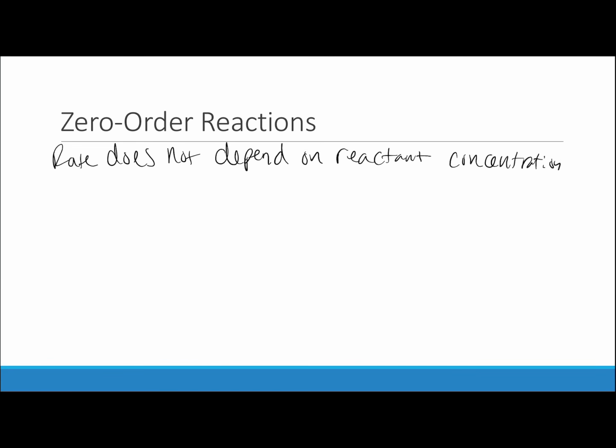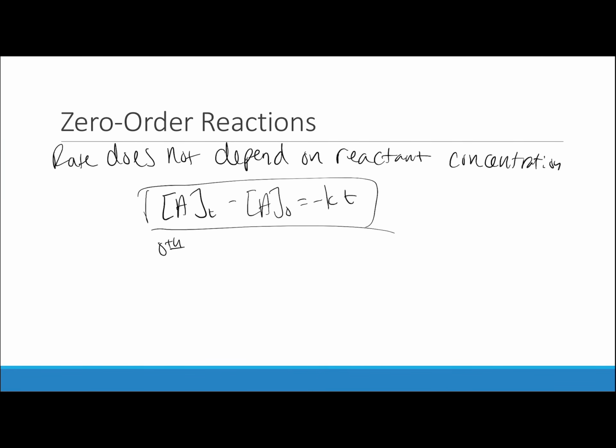Okay, so here we get A_t minus A naught is equal to negative kt. PowerPoint maths. So this is the zero order integrated rate law.